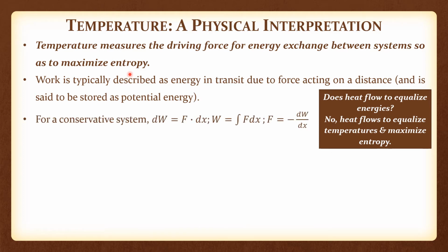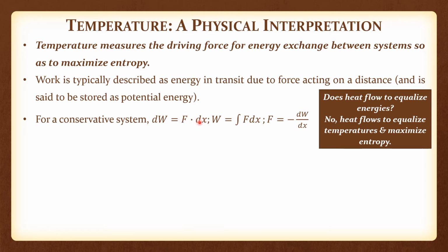For a conservative system where there are no dissipative losses of energy, you can simply write dW, a differential amount of work done by a force exerted on the system, causing a certain displacement.